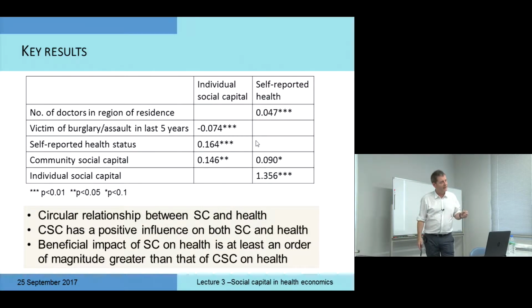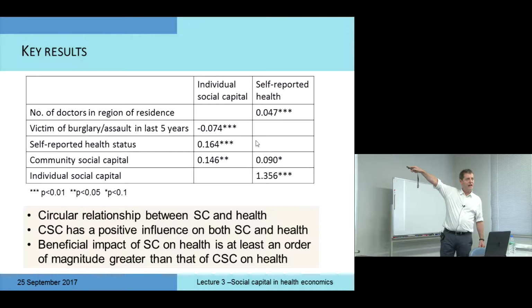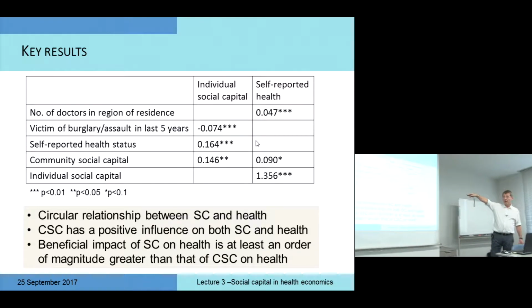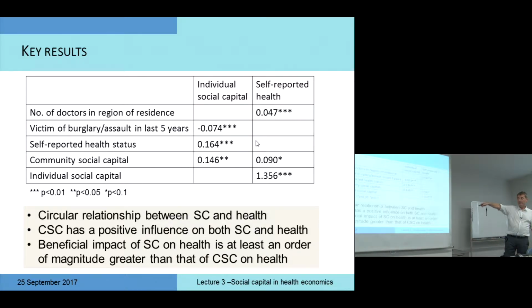And importantly, what they found was that the individual's self-reported health has a strong positive relationship with the individual's social capital. So in other words, individuals who report high degrees of trust also reported high health status.